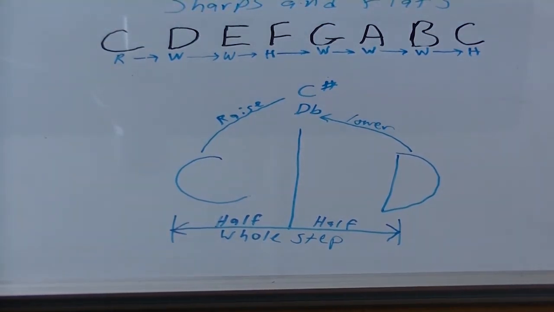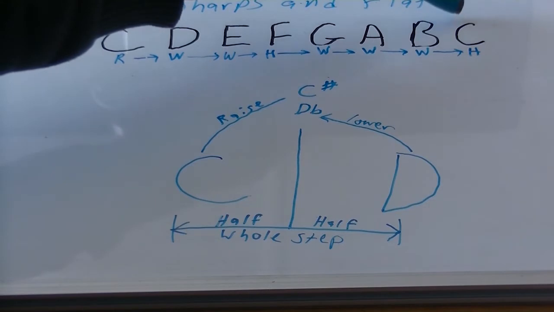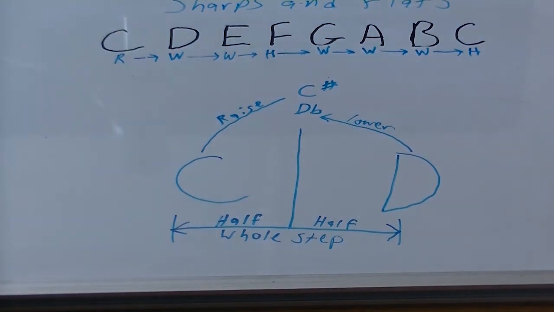I also want to make an observation here: if we look at the C major scale, every letter of the musical alphabet is used. We simply started on C and worked our way through the musical alphabet until we came to C again, an octave higher. So these are our rules.